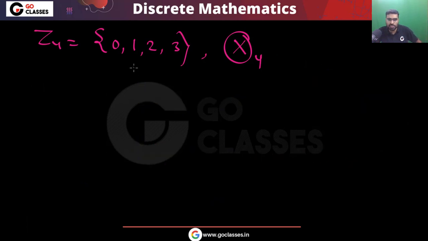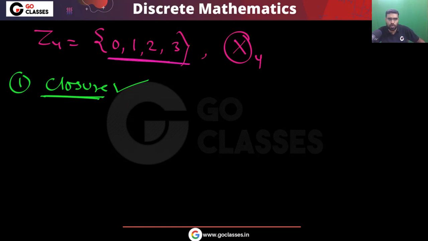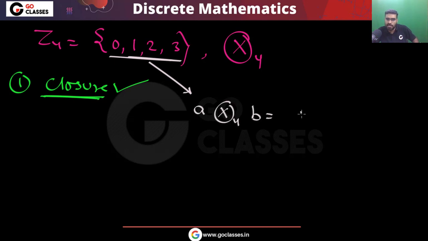Now, is this a group? Yes, closure property is definitely satisfied. Because if you take any two elements from here, they can be the same or different, first you multiply them, but ultimately you are finding the mod 4.